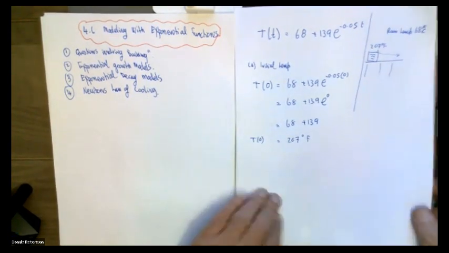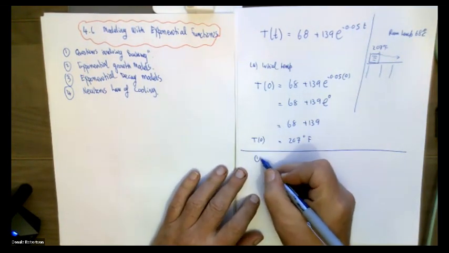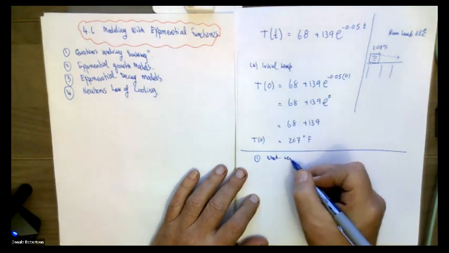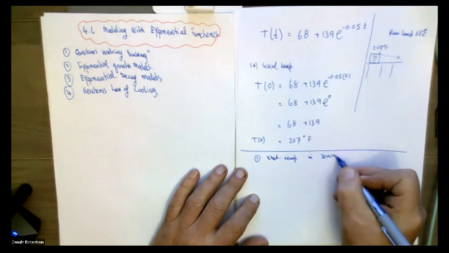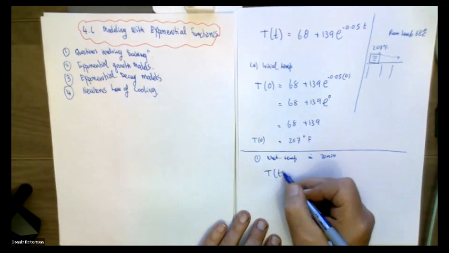Now, there are 2 other questions that you're going to deal with. And the first one is going to be something like, what's the temperature of this liquid in 20 minutes? Let's say time t is in minutes. Well, here's our formula.